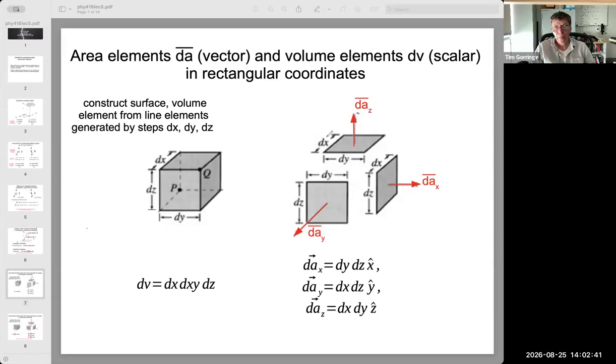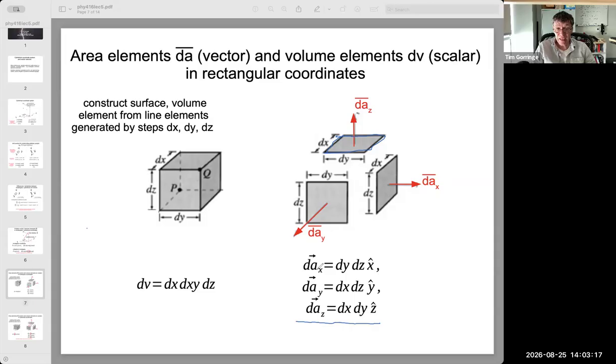So, for example, this surface element dAz is constructed by line element dx and a line element dy. If we take those two steps, we sweep out this little rectangle here, which is the surface element dAz. And so I've written down definitions of the three surface elements perpendicular to the three x, y, z unit vectors in this little table here.